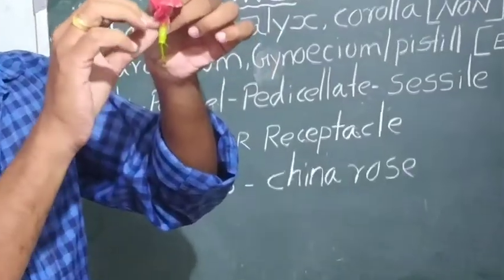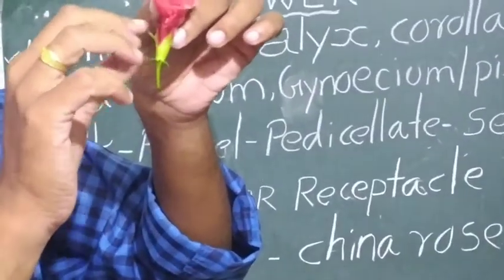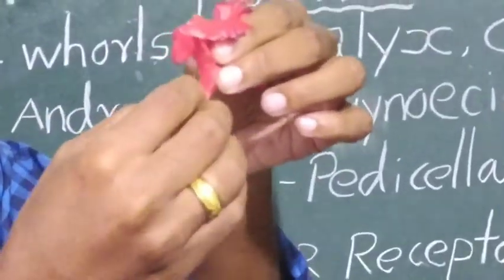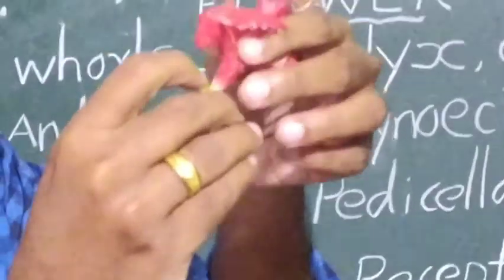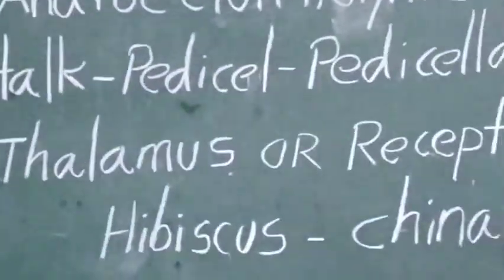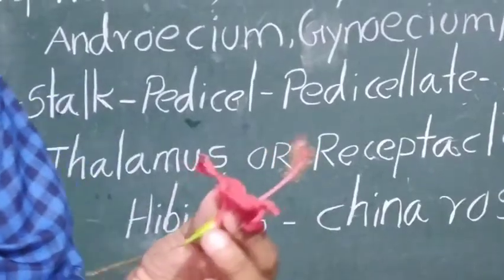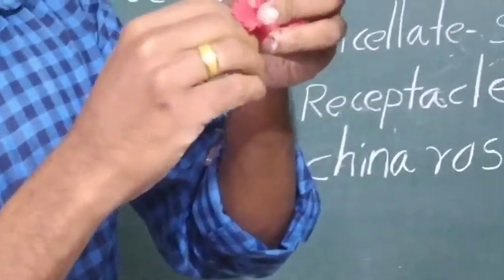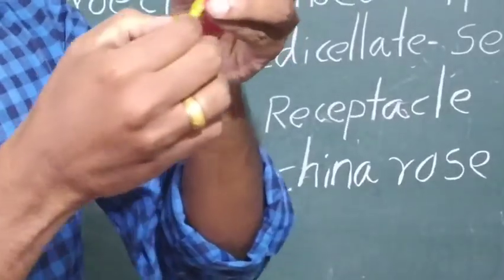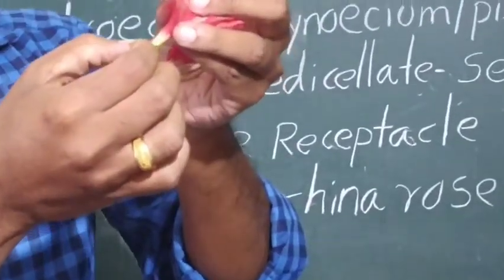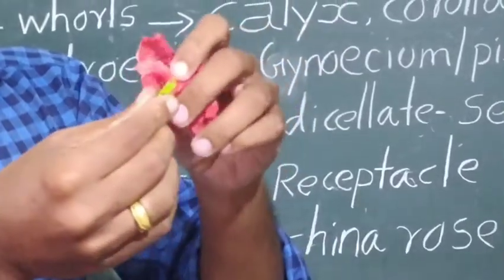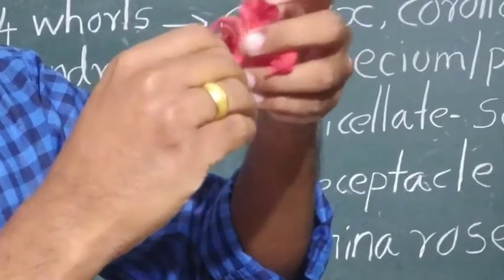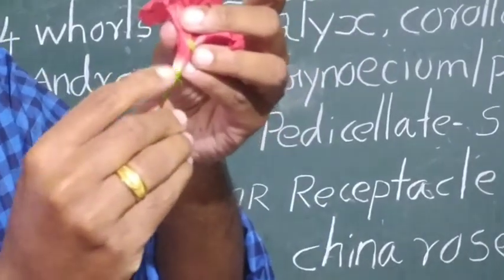Now I'm just showing here. This part is known as the calyx. This green colored part is known as the calyx, the outermost part.